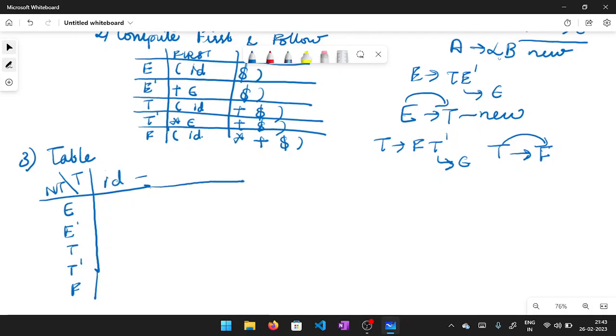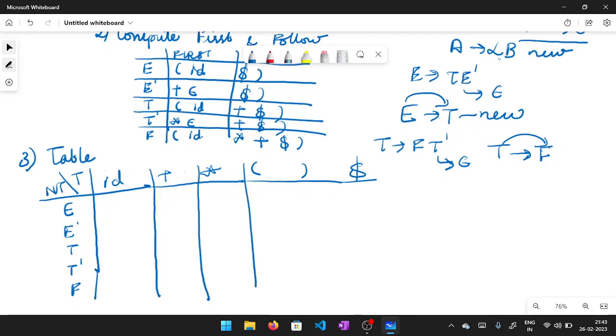ID, then I have plus, then I have star, then I have open bracket, then I have close bracket, then I have dollar. Okay, so let me draw the predictive parsing table first.